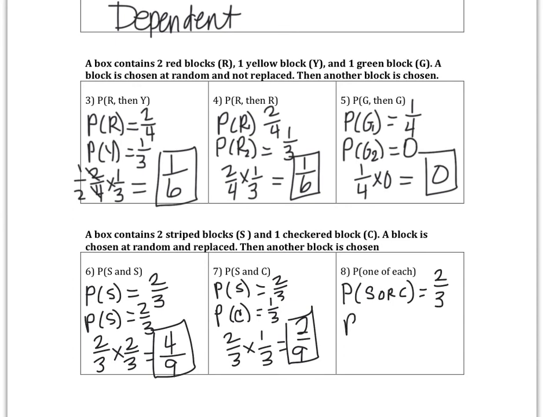And then the probability of the second one is going to be the same, let's just say a C or an S. So there are 2 different choices you can pull and 3 options. So you multiply your events, 2/3 times 2/3. So that is going to be 4/9.